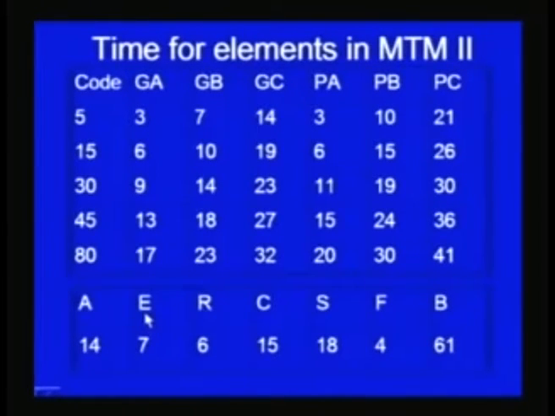For eye action, that is changing the axis of vision from one location to another, it is allotted 7 TMU, and for C, the crank, rotating along a circular path more than half of a revolution, 15 TMU. S is step, and for B, bend, 61 TMU time is allotted. Likewise, for foot motion, 4 TMU time is allotted. These are not related to weight.